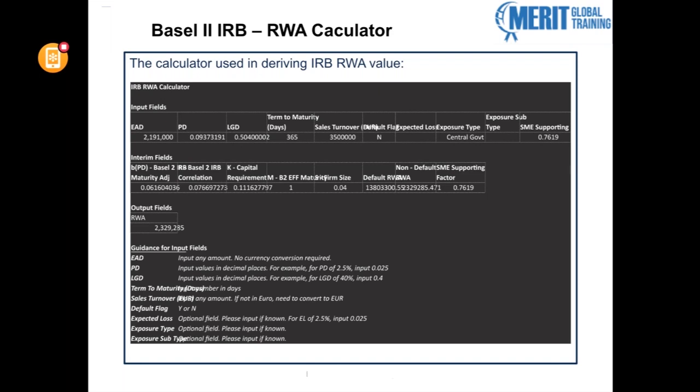Not every bank will have this calculator. They have what is called a risk engine. The calculator that I've put together can only calculate for one particular counterparty or obligor.